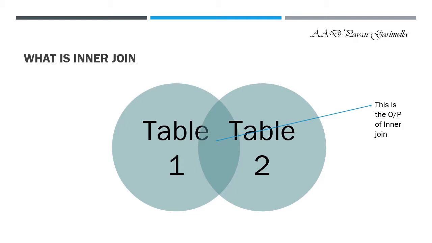The inner join selects all the rows from both the tables as long as there is a match between the columns. Here, if you see in the diagram, only the region where table 1 and table 2 overlap indicates the columns which are matching from both the tables, and only then the corresponding rows which have these column values matching are returned.